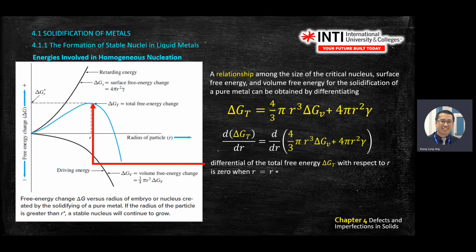To get the critical size, you know that to get the gradient or the maximum point of a quadratic curve, you set dy/dx equals 0. It's the same here, except now y is your energy and x is your r. With dy/dx equal to 0, you get your r position.